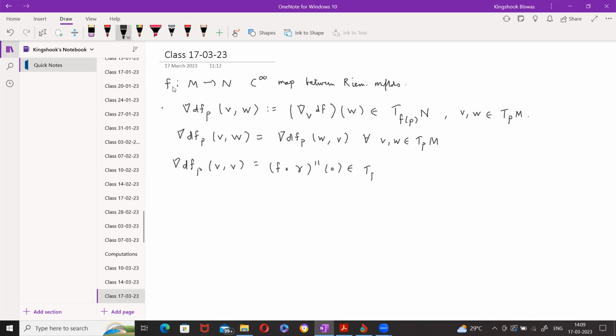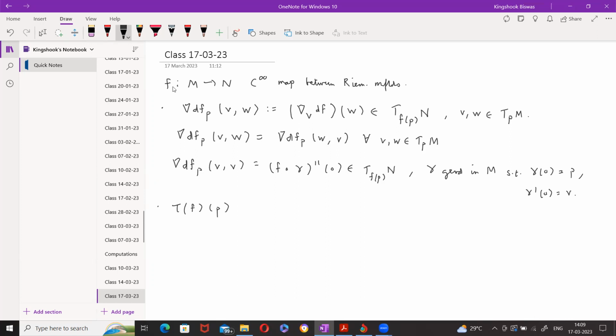This is a vector in T_F(p)N, where gamma is a geodesic in M which has initial conditions gamma(0) equal to P, gamma prime(0) equal to V.